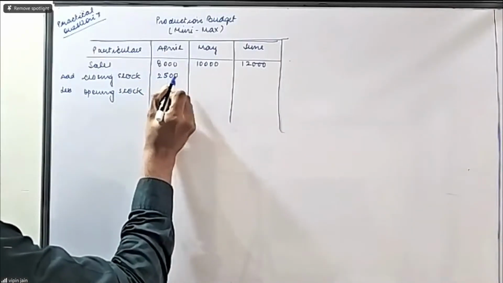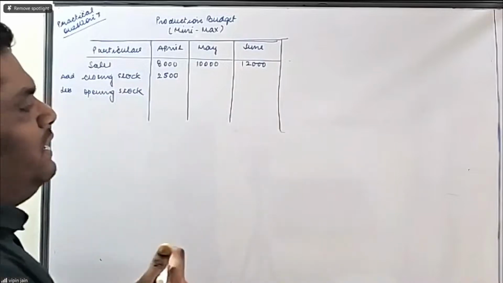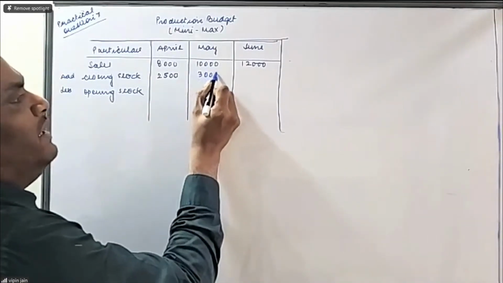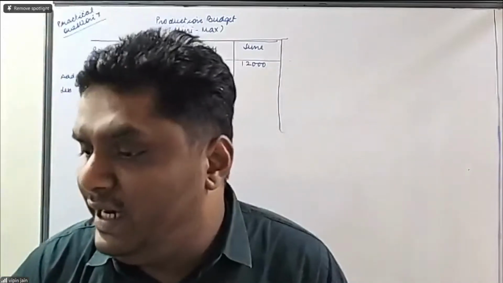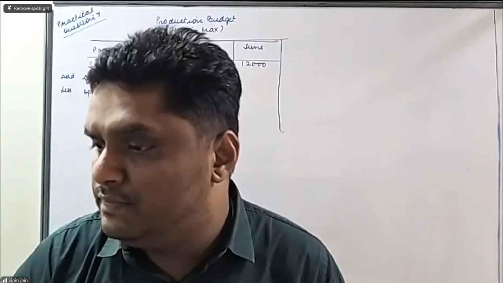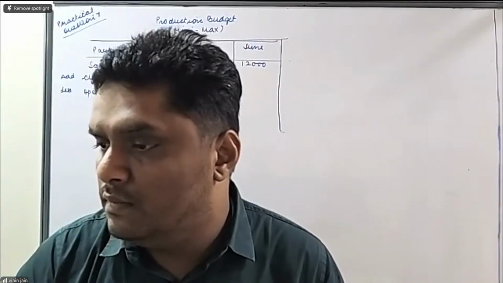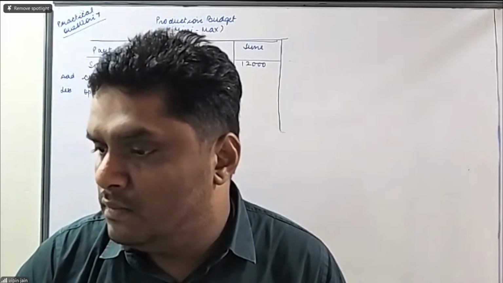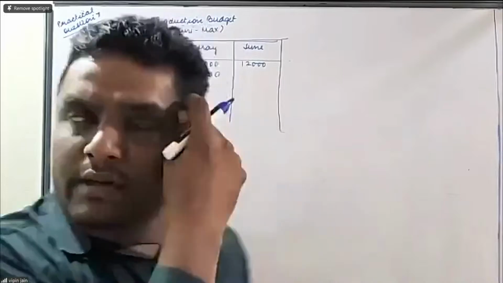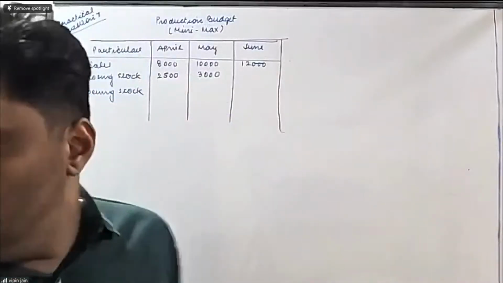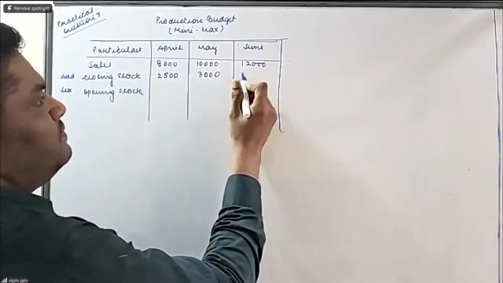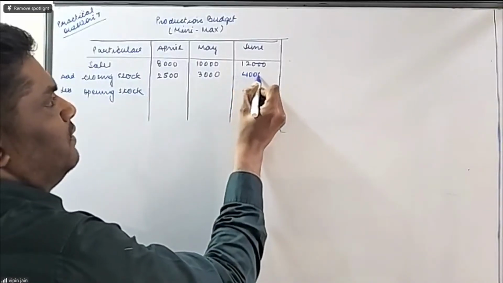For May, it will be 12,000 into 25%, so this will be 3,000. And for June, we have the data for the July month. The sale of July is 16,000, into 25%, that is 4,000.